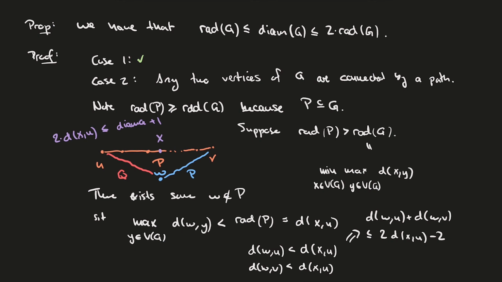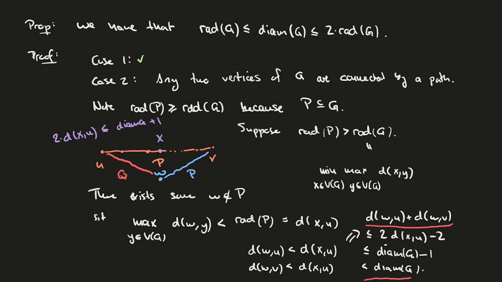Using this inequality in what we were working on before, we can see that 2 times the distance between X and U minus 2 is less than or equal to the diameter of G minus 1, and this is strictly less than the diameter of G. This strict inequality that we've obtained now gives us a contradiction.